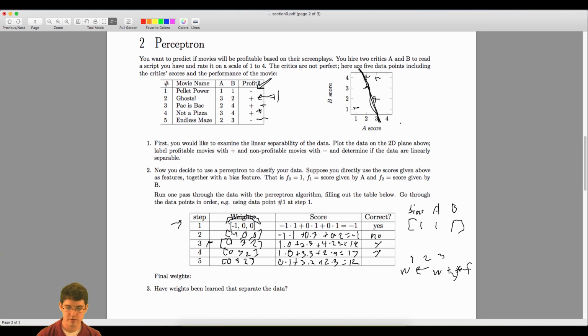So we're going to have to go back and update our weight vector. And how are we going to do that? Sorry, I should actually keep that here. We said it was 1, 2, 3. So we're going to update our weight vector with this.